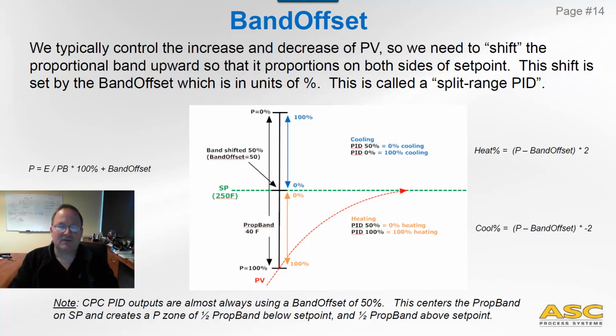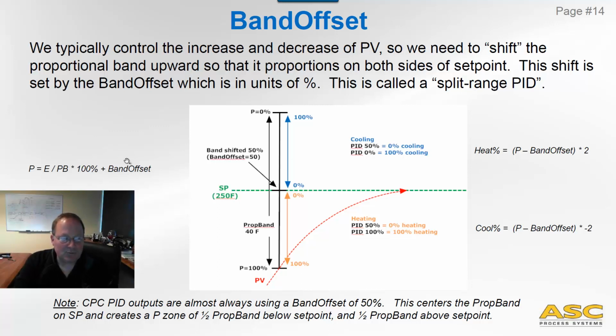So we need to shift the proportional band upward so that it proportions on both sides of the set point. This shift of taking that band from the set point and shifting it up is known as band offset, which is in units of percent. When we shift that band up and center it on the set point, that is considered a split range PID.